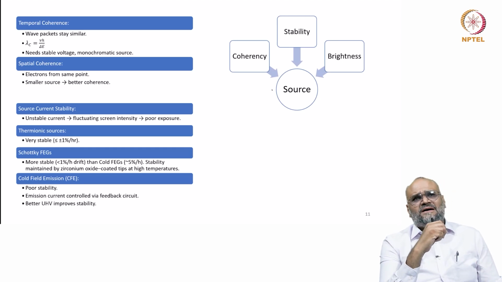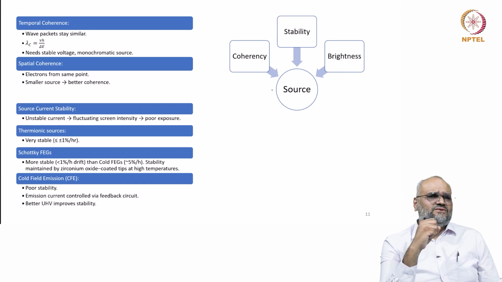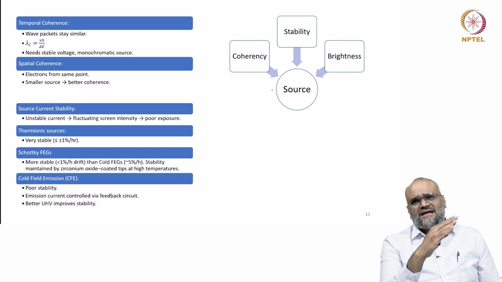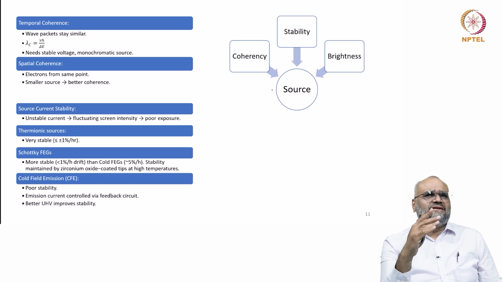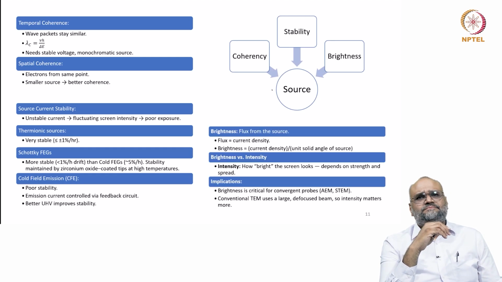And in modern day microscopes, with feedback control and digitization of the electronic boards, you can do this flashing reasonably quickly, and it is automated, so it makes life easier. In the very old days, thermionic emitters and Schottky field emission guns were considered more practical and more stable, but nowadays, with the excellent temporal coherency and reasonably good brightness of the cold field emitters, they are used more and more often.